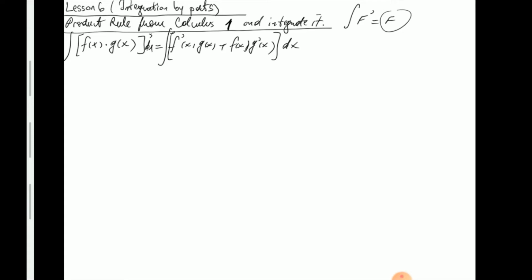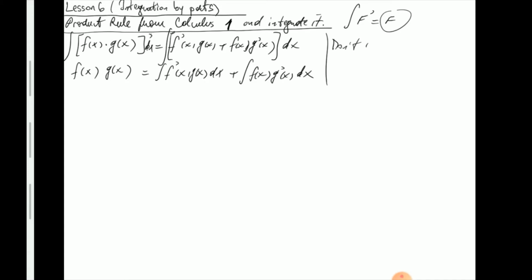So on the left side, we have f of x times g of x, which is equal to the integral of f prime of x times g of x dx plus the integral of f of x times g prime of x dx, plus a constant of integration, but I'm not going to worry about the plus c now. We add it at the end.